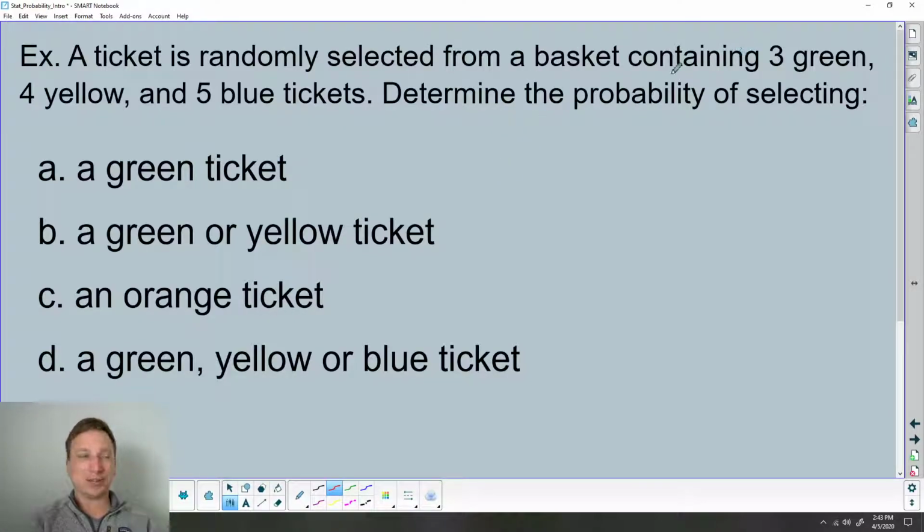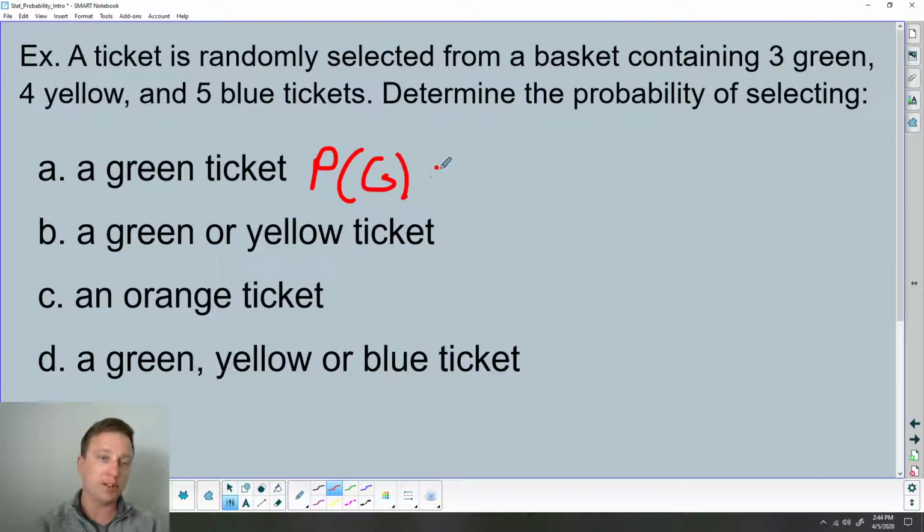So we have a basket with 3, 4, and 5 different colored tickets. That's a total of 12 tickets, so my sample space is 12 objects. We want to determine the probability of selecting a green ticket. There are a lot of ways we can notate this. So I could say probability of green.